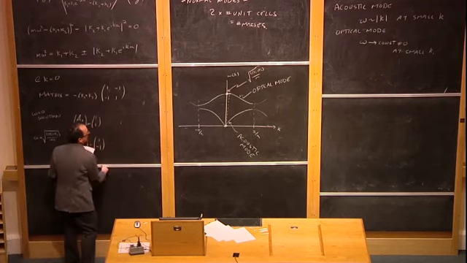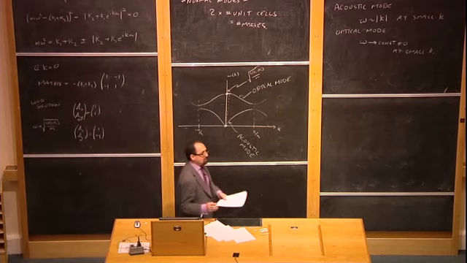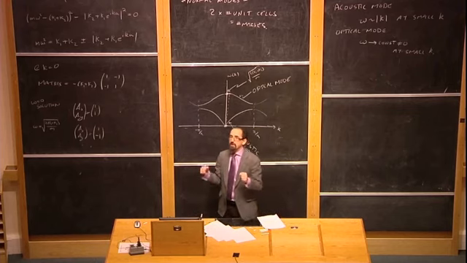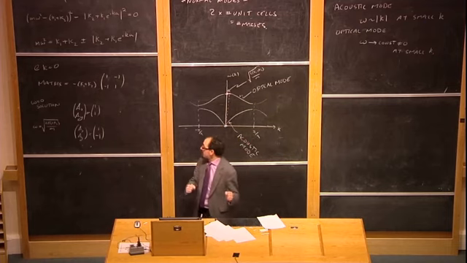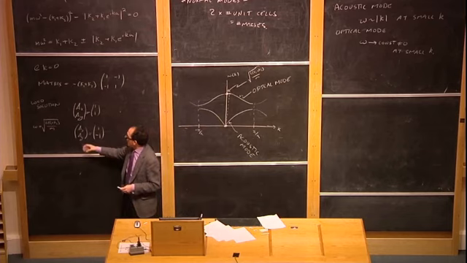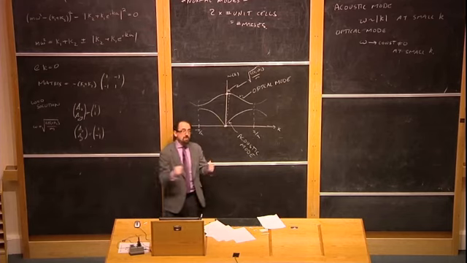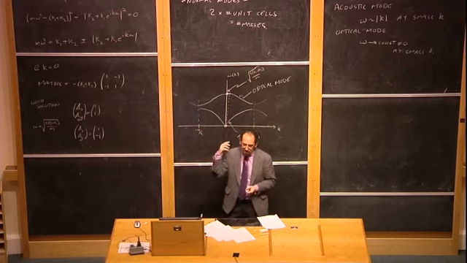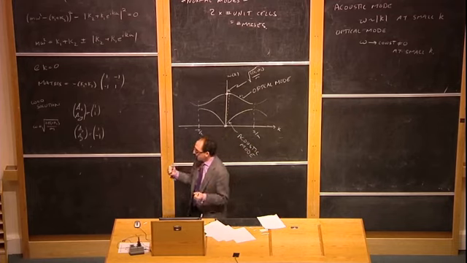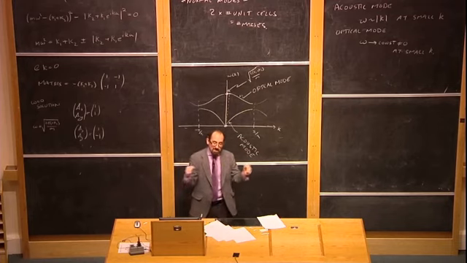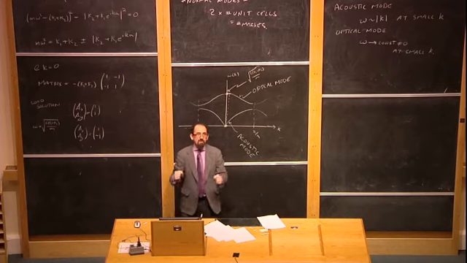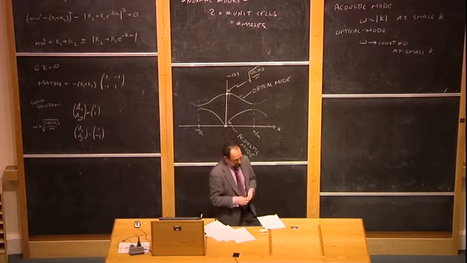For the acoustic mode near k equals 0, the atoms are moving with their neighbors. Both of the atoms in the unit cell are moving in the same direction at the same time. They're moving in concert. Whereas for the optical mode, the two atoms in the unit cell are moving opposite each other. And it's quite natural to explain why the optical mode is so much higher in frequency: in the optical mode you're compressing the springs maximally, whereas in the acoustic mode you're hardly compressing the springs at all because everyone is moving in the same direction.